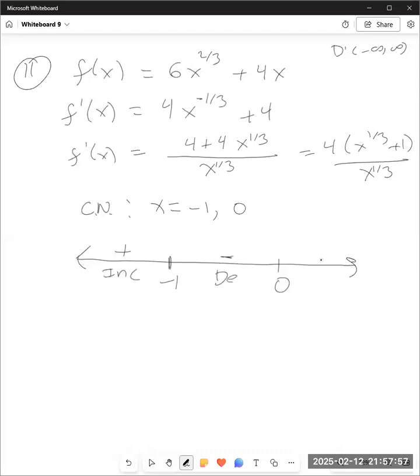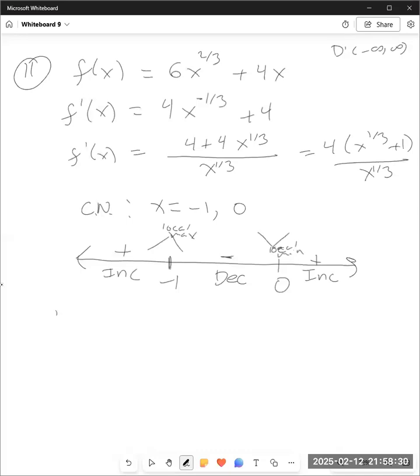So that's decreasing. Let's go for 1 here, to the right of 0. 1 plus 1 is 2 times 4 is 8 divided by 1 is a +8. That makes this increasing. And so increasing to decreasing is going to be a local max. Decreasing to increasing will be a local min.